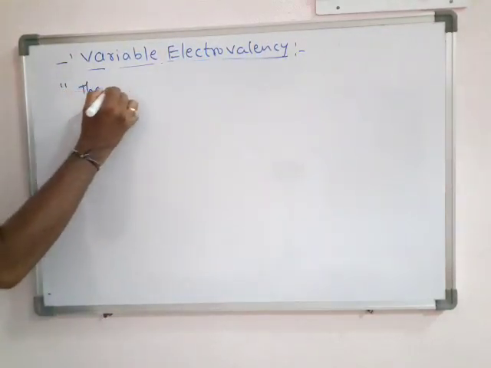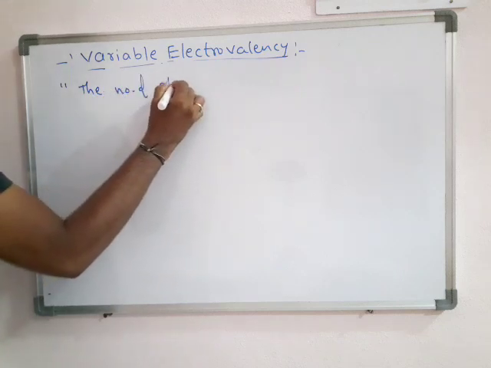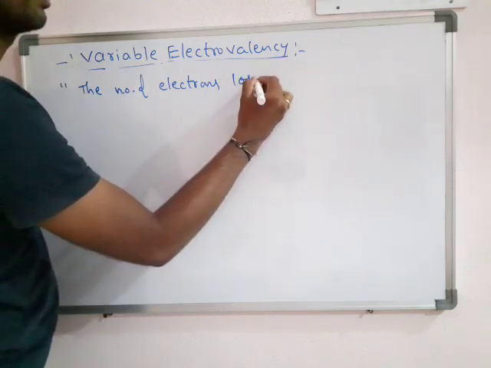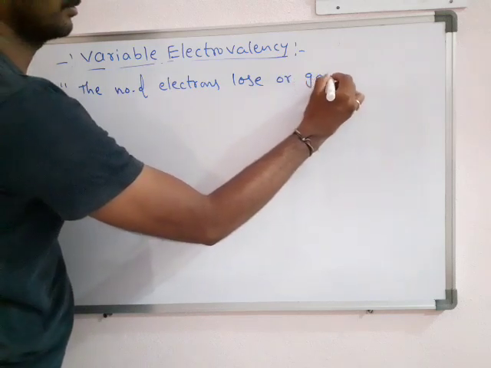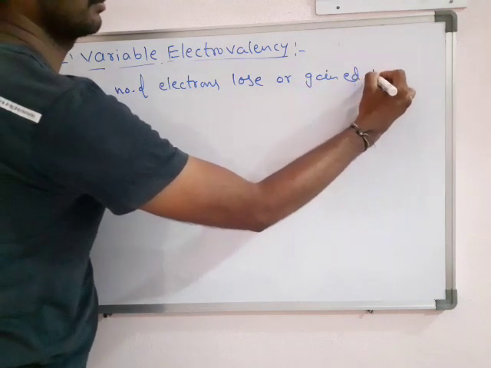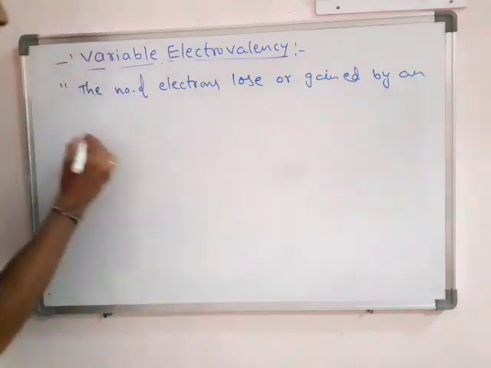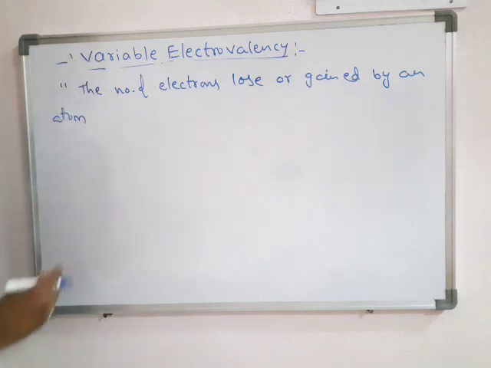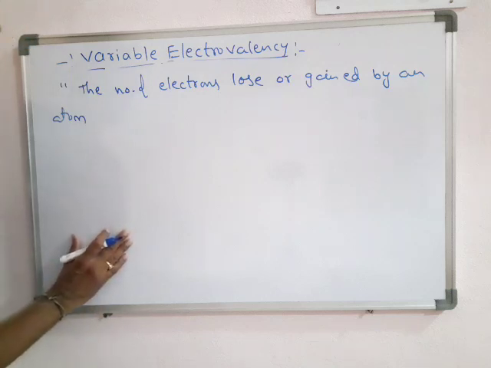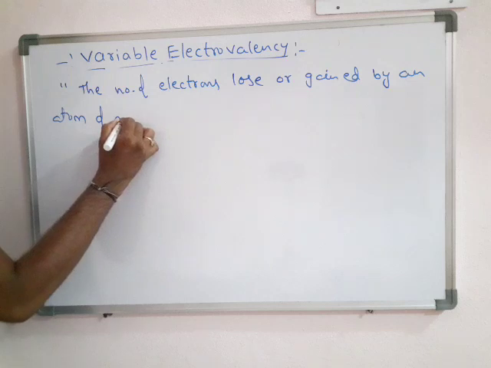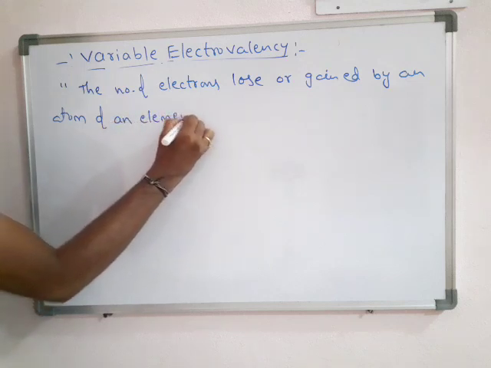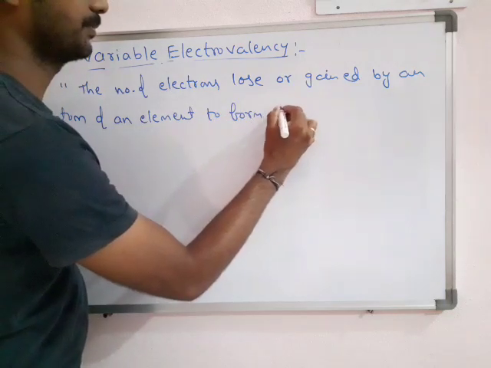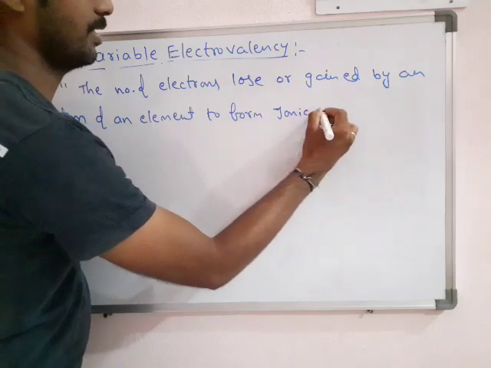Electrovalency means the number of electrons lost or gained by an atom of an element to form an ionic compound.